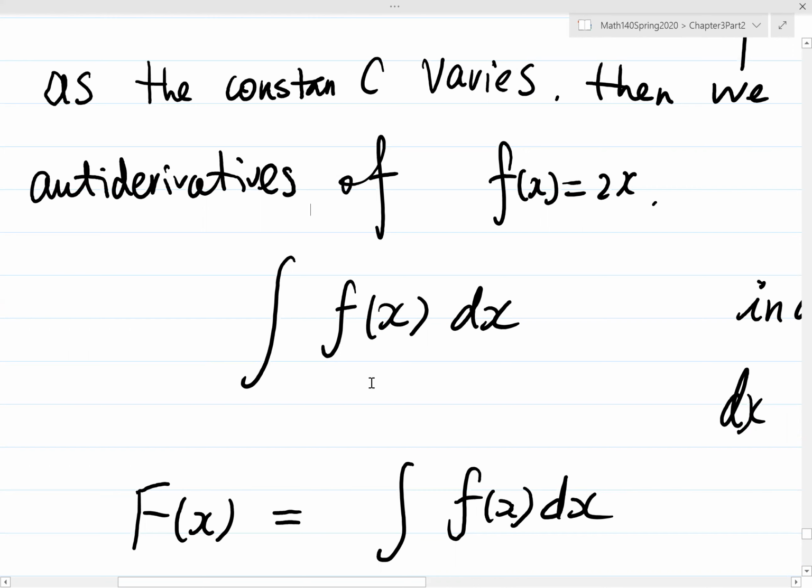Remember, antiderivative is only determined up to a constant, because the derivative of a constant vanishes. If you add any constant c, the derivative does not change. So as we choose different constants, we get different antiderivatives, a family of antiderivatives.